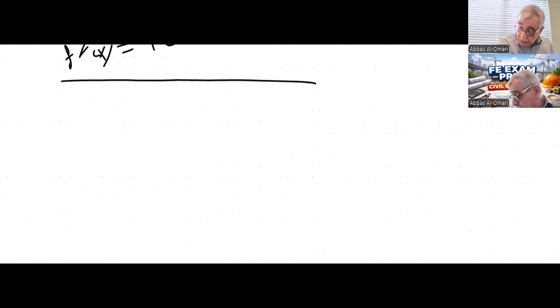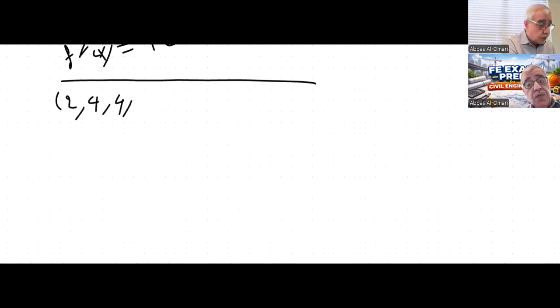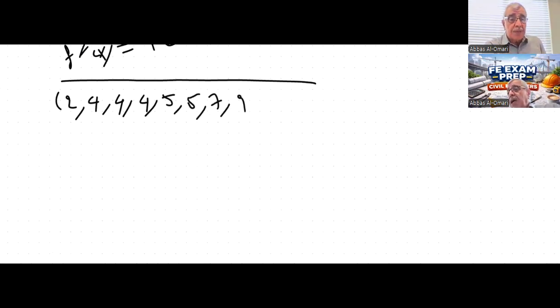We have the following data points: 2, 4, 4, 4, 5, 5, 7, and 9. We have this data set and we want to determine the standard deviation.